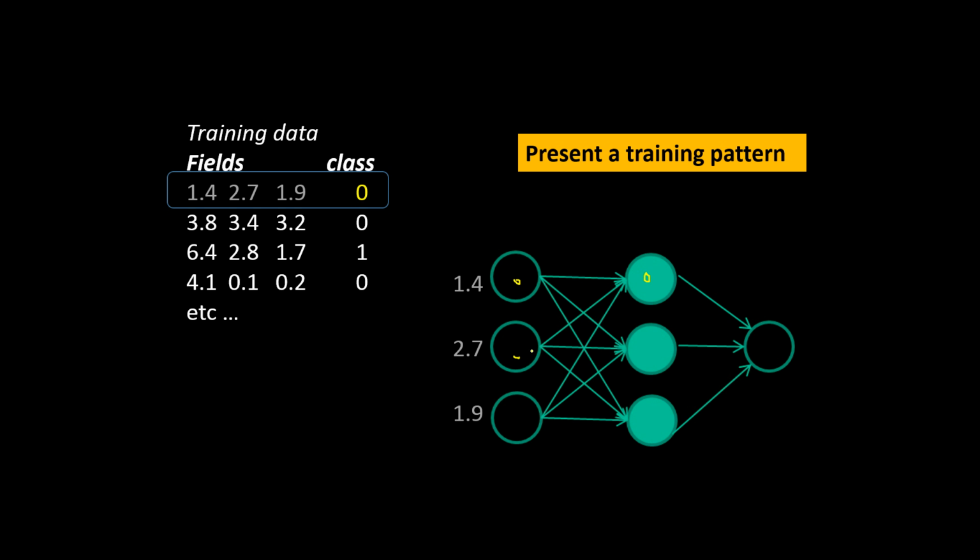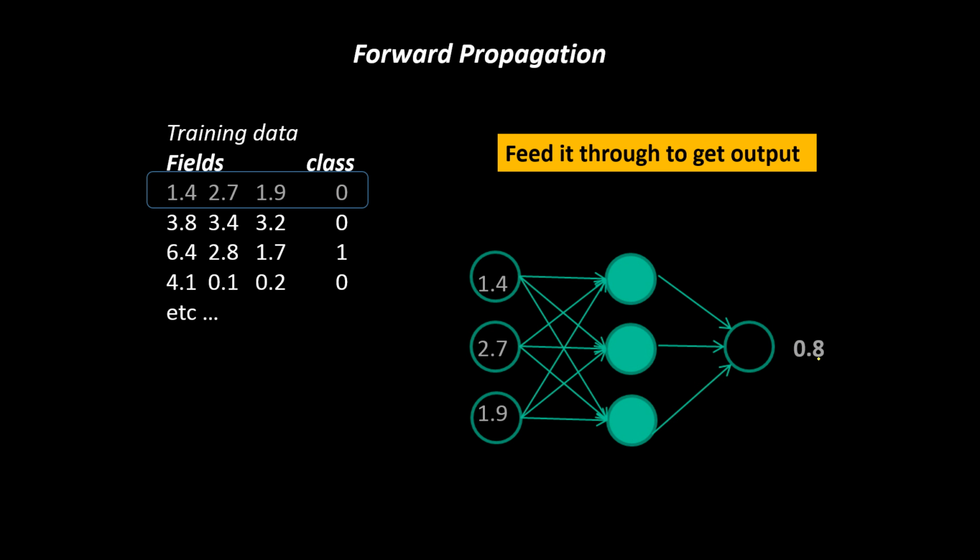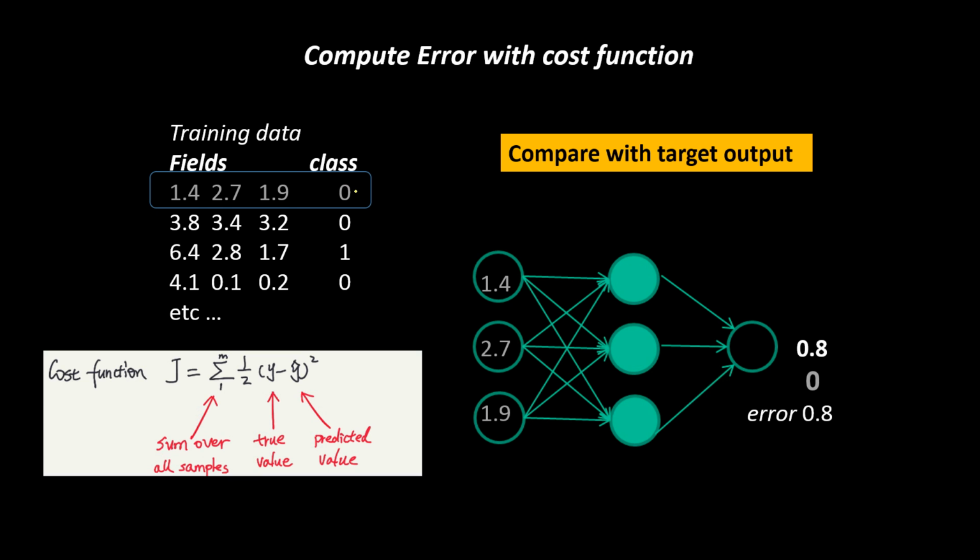This neuron will compute, taking input from all these three, and this will compute, this will compute, and then finally we'll have the output. In this case, suppose it is 0.8, and our class actually was 0. This is called forward propagation, the computation of 0.8.